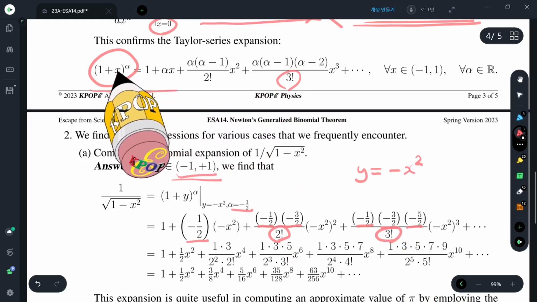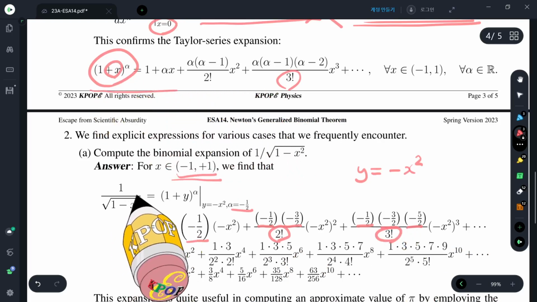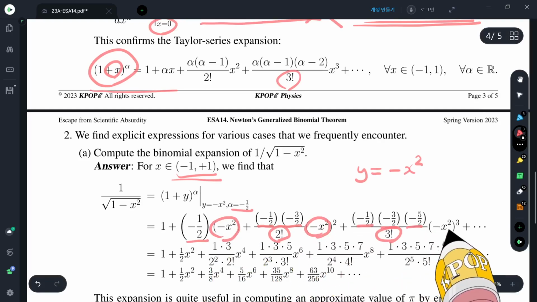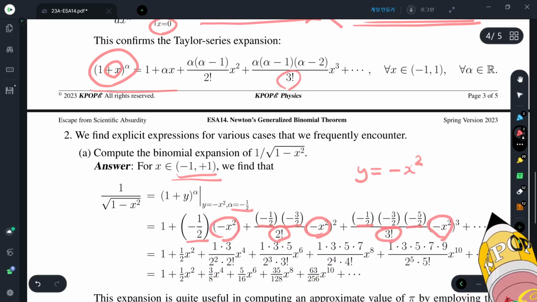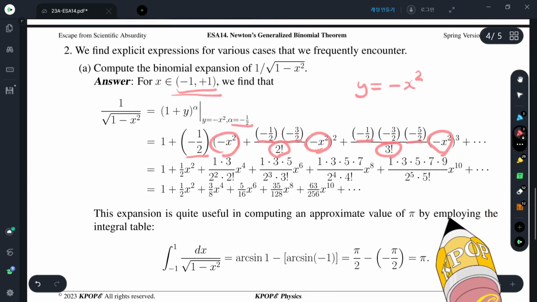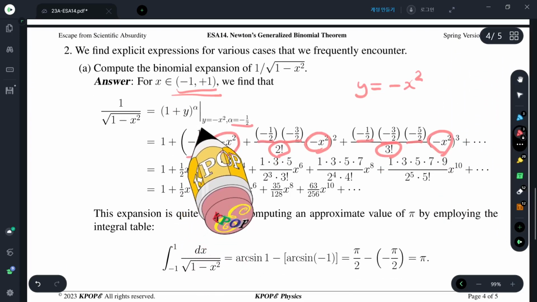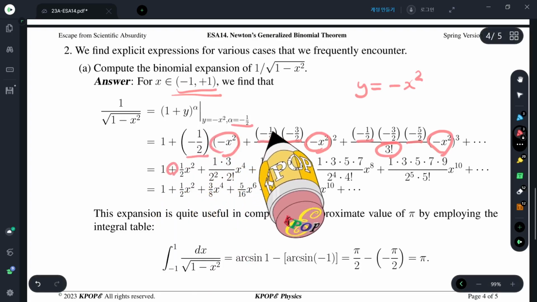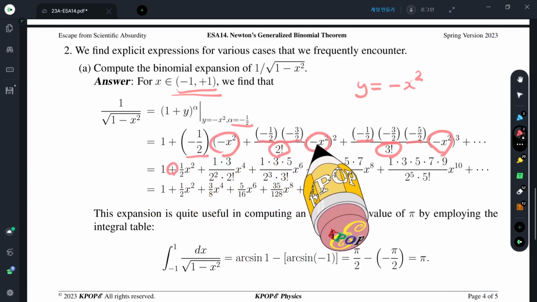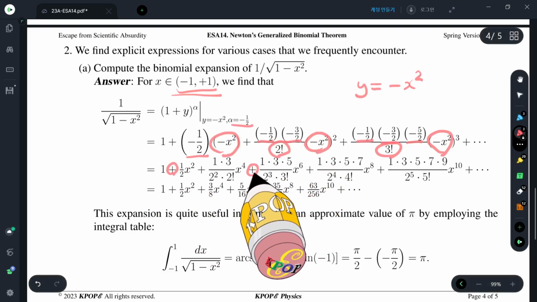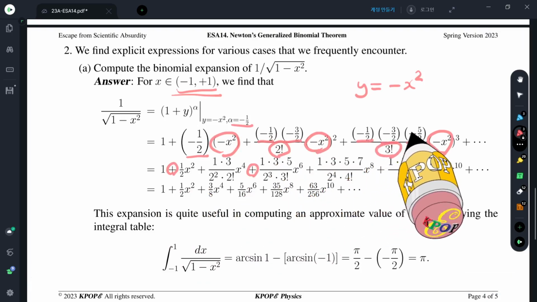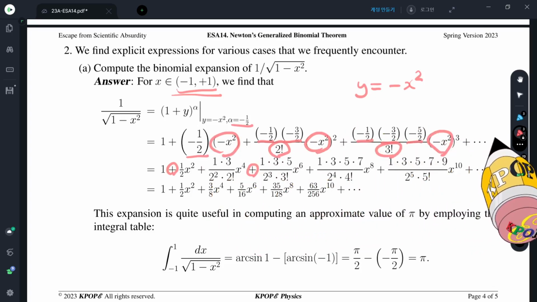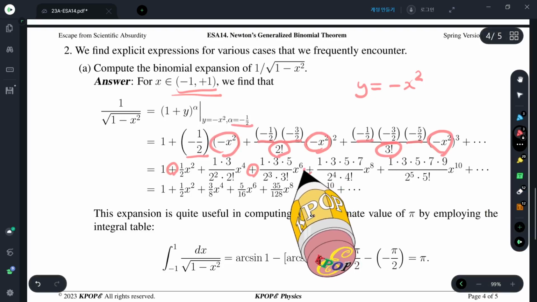And this used to be x, but now we have minus x squared, minus x squared squared, minus x squared cubed, and so on. We can simplify this. Minus minus plus, minus minus plus, so plus, oh, minus minus minus minus. So every term in this expansion is plus.